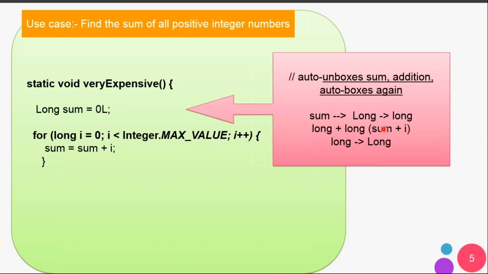Then the result of the primitive addition would be assigned back to the sum variable, which is the wrapper class. So in that case, the primitive is assigned back to the wrapper class Long. So autoboxing would happen one more time here.